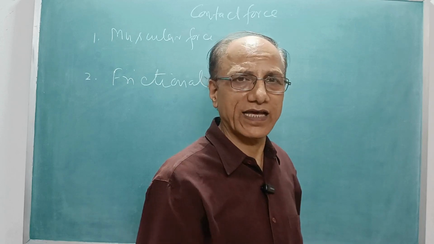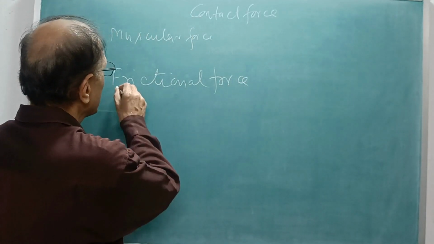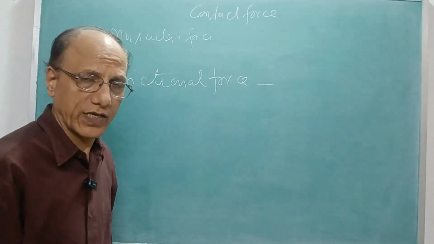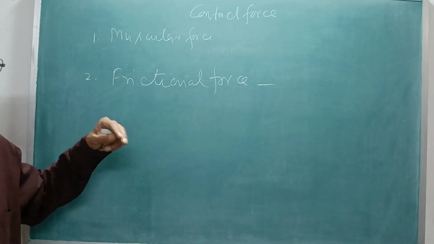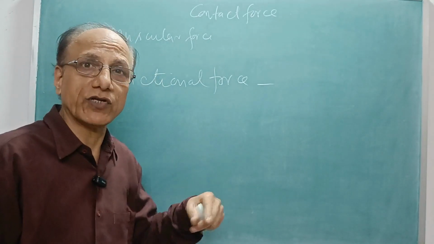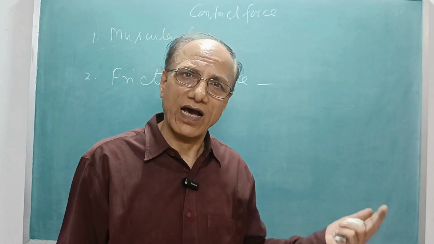That force, which retards our motion, is called frictional force. So frictional force is a contact force, and it applies between two surfaces when one surface moves on the other surface.